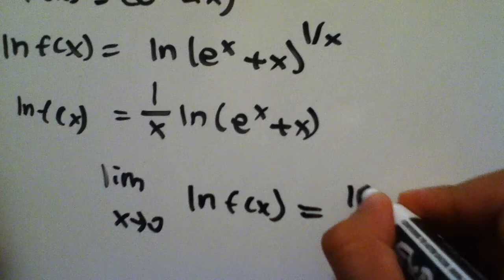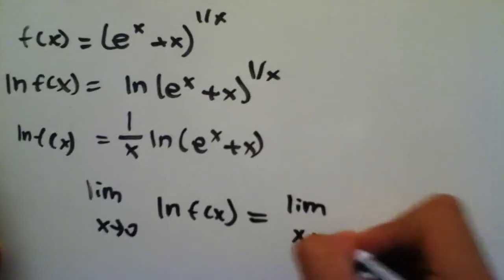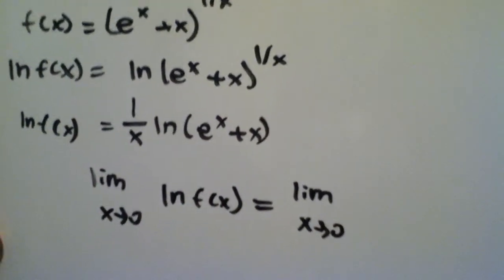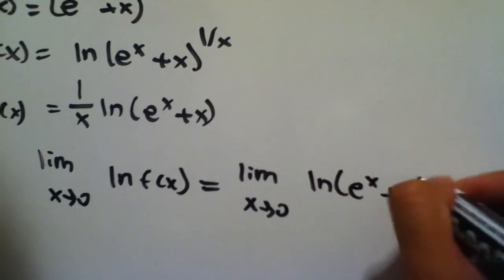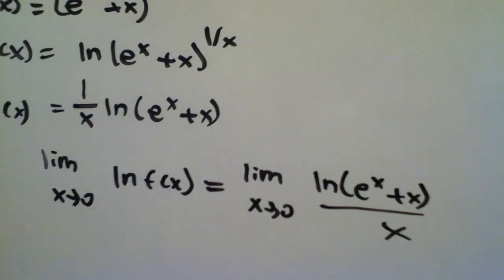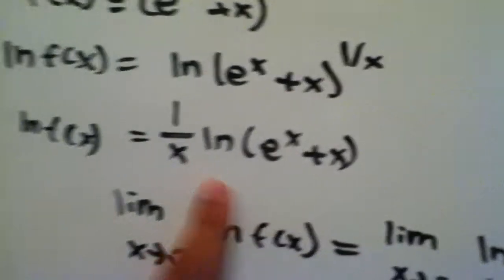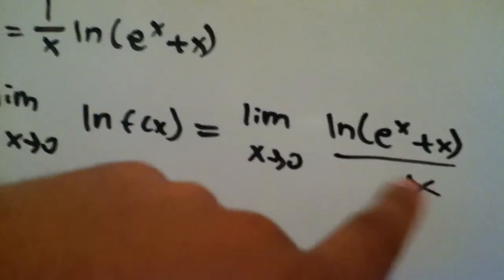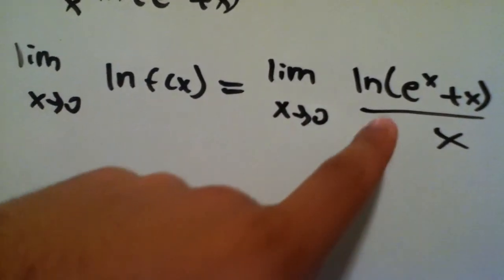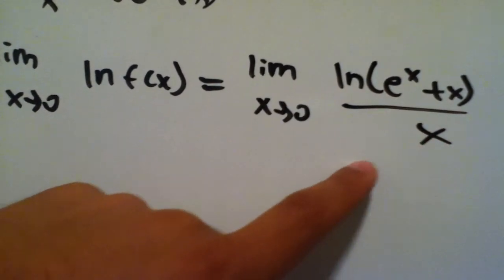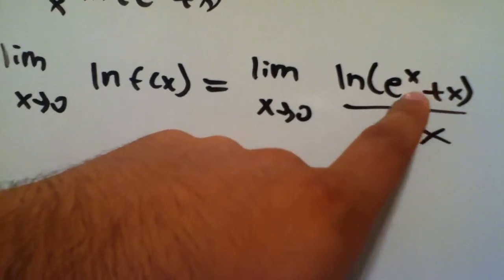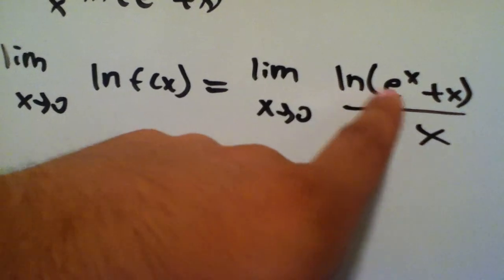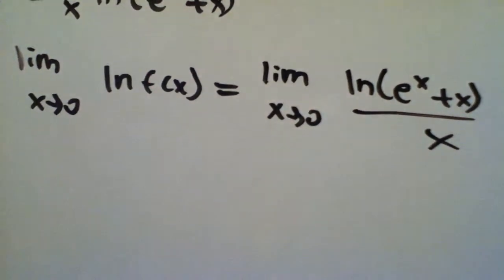If we write this as something we'll quickly recognize, you can see this x is the same thing just written with the x over here on the bottom, and this is now a 0 over 0 form, because e to the power of 0 is 1 plus 0, the natural log of 1 is 0 over 0. So there you have it, you already have a 0 over 0 form.